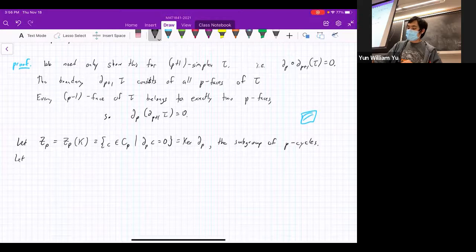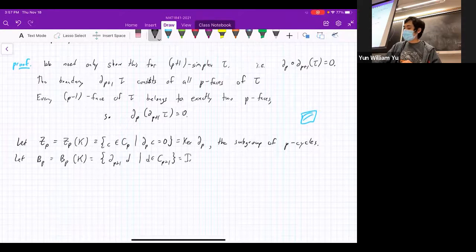And we're going to let BP be the subgroup of P boundaries. And note that this is the image of dP plus 1. So this is the subgroup of P boundaries.